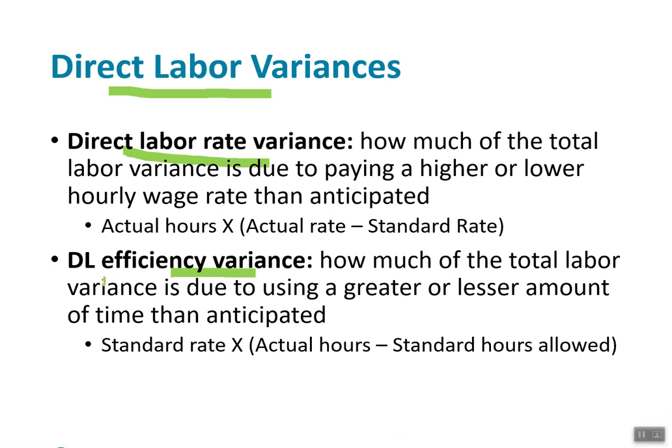What I mentioned was the direct labor efficiency variance is similar to the direct material quantity variance. In other words, how efficiently are you using the materials, or in this case, the labor that you have in your production.